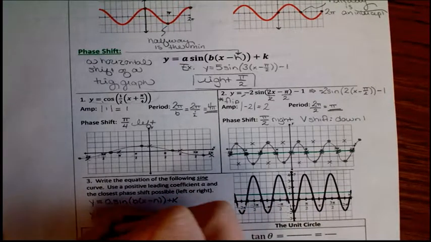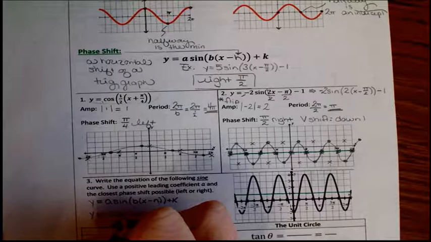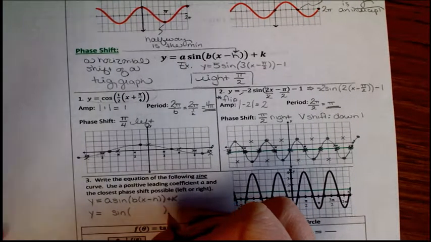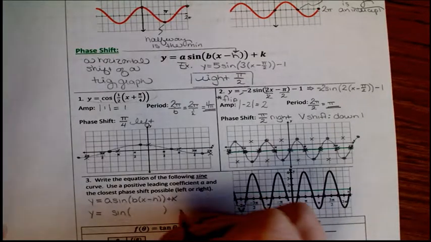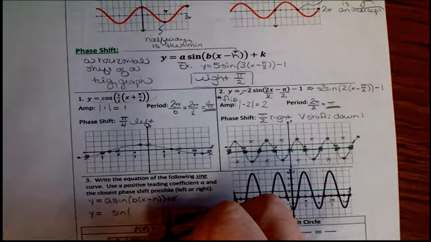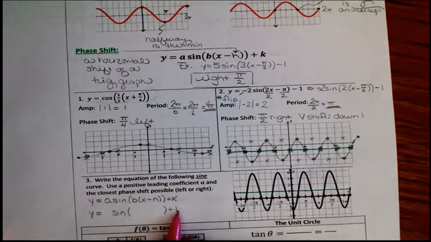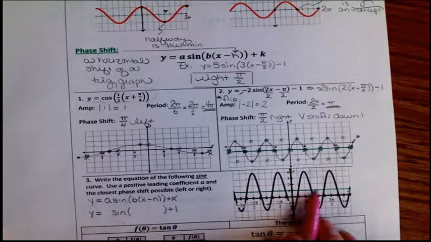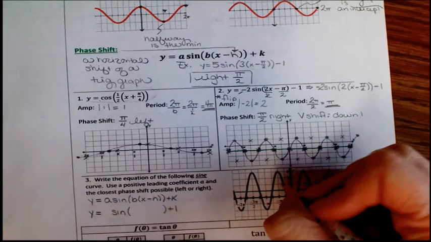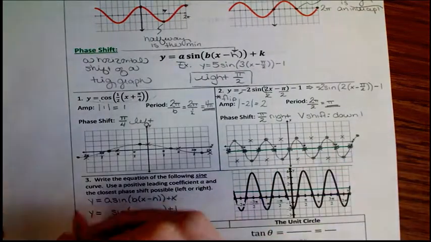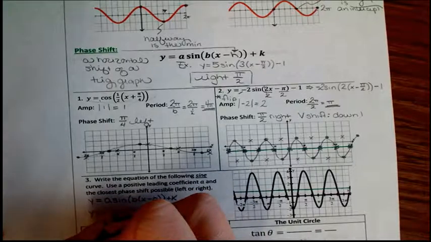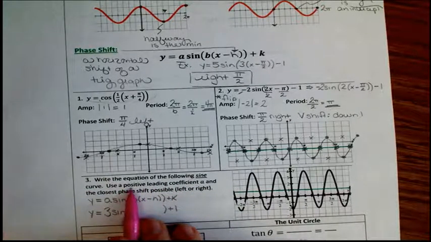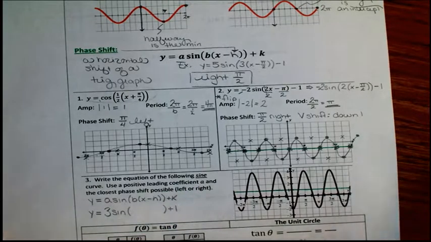I know that it's a sine function, and I know that we are looking at moving up 1 unit. Up 1 unit, that's my new baseline. I'm also now able to figure out that my amplitude is 3, and it's a positive 3 because it said use a positive leading coefficient.